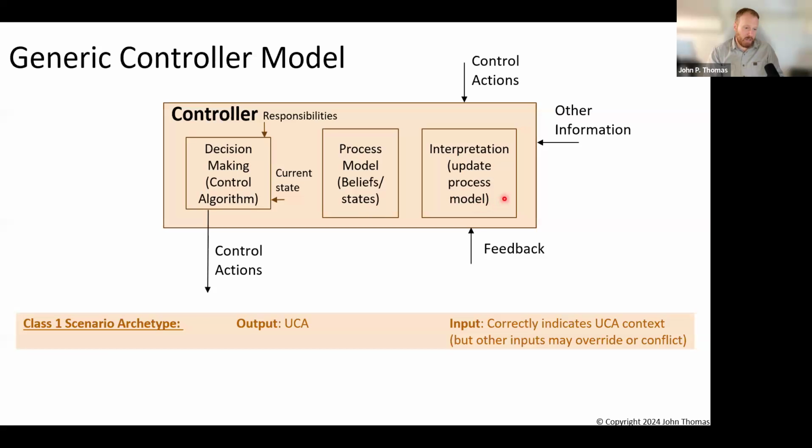We also have interpretation, which is how the process model gets updated over time. And interpretation may be based on some feedback. It may be based on some assumptions about the system. So, if 5 seconds have expired since I did this, then I assume something else is going on, for example. So we can identify how that controller updates the process model based on feedback, usually, but it could be other information or control actions from up above.